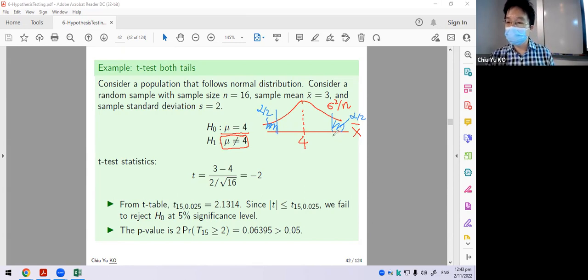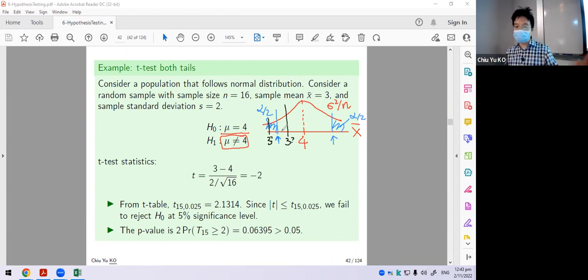And actually you want to know these two points, but you can't really pinpoint them, because you don't know sigma. If you know sigma, you would know these two points, because it's a bell curve. So the main question now is, we collect the data, and it turns out to be 3 here. I don't know which one it is.